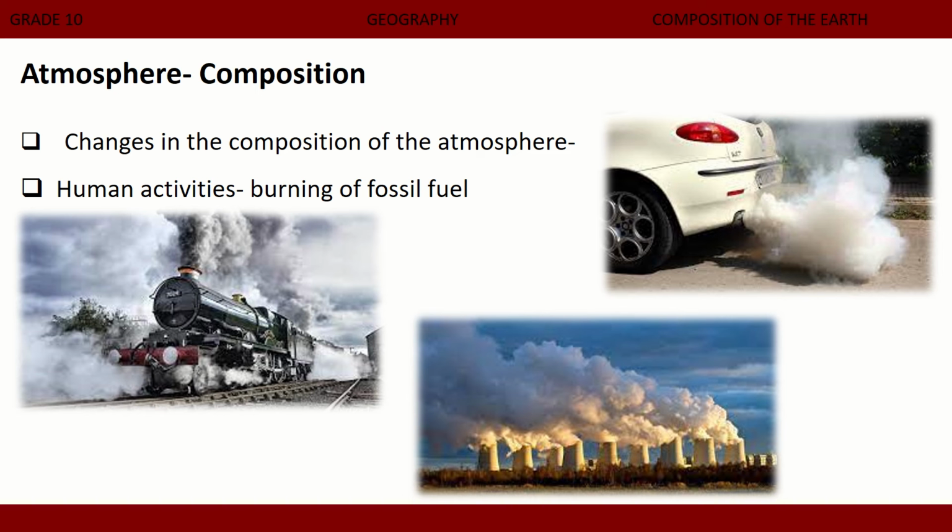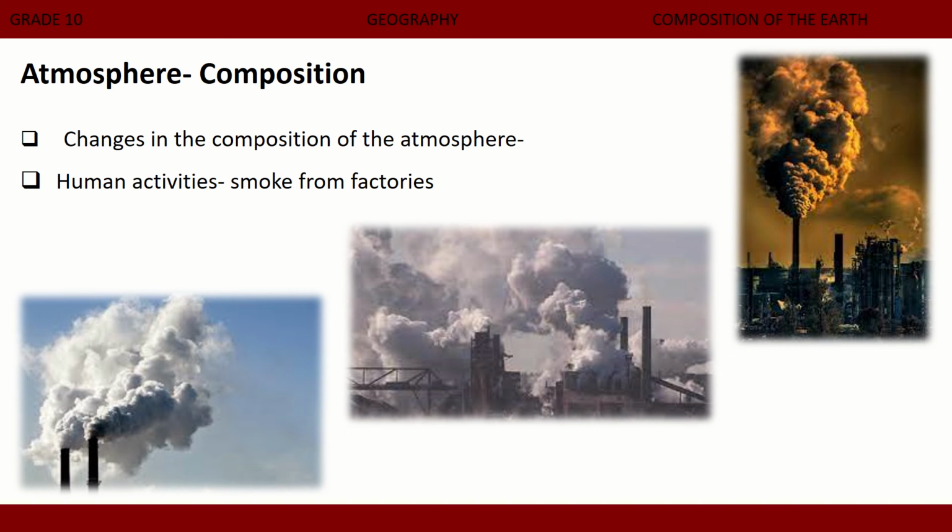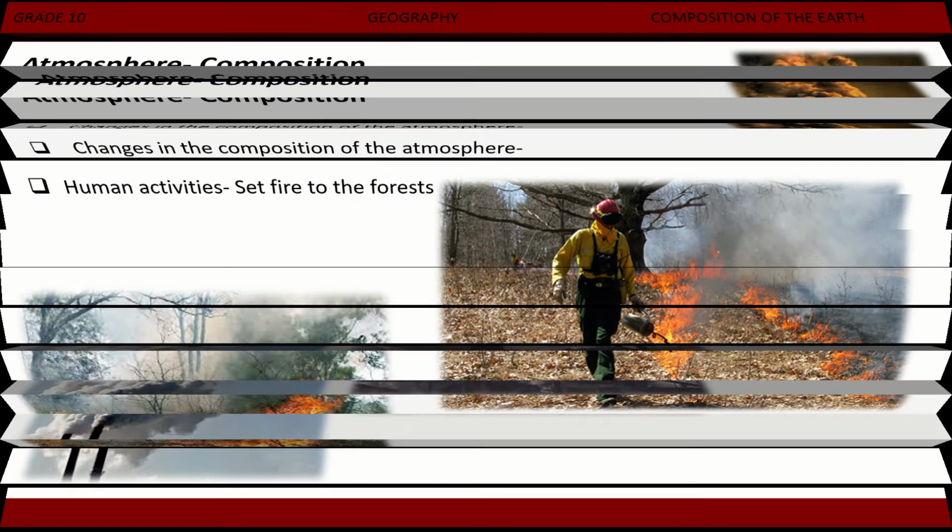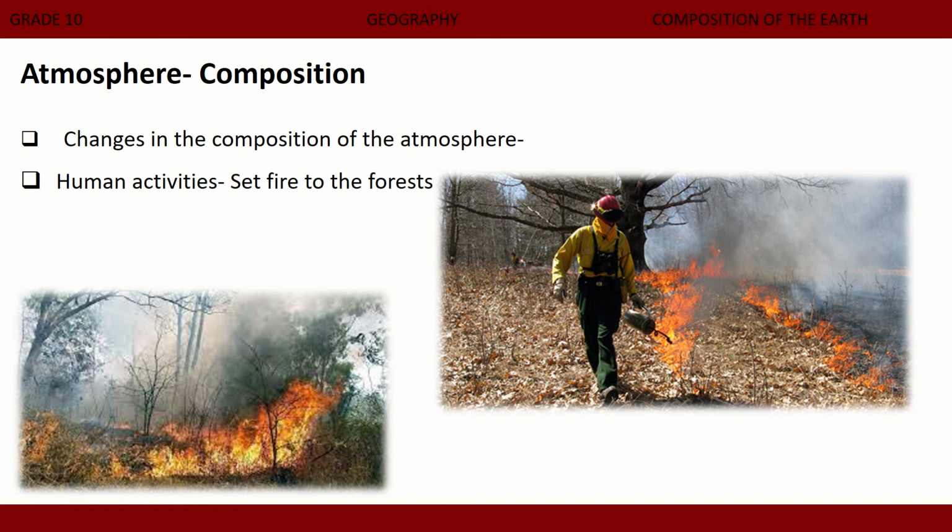According to these pictures, you can see, dear children, mainly we use fossil fuel for transportation as well as for industrial purposes. Then smoke from factories. Set fire to the forests.